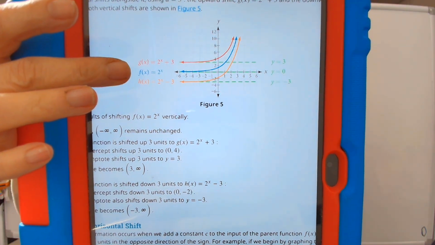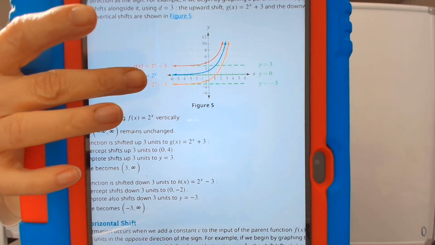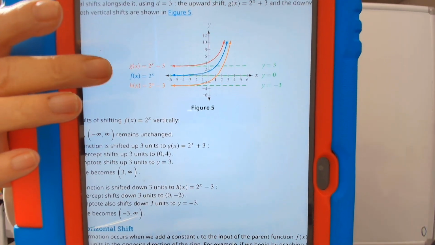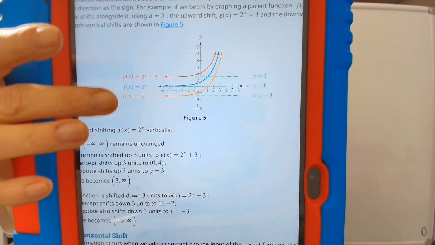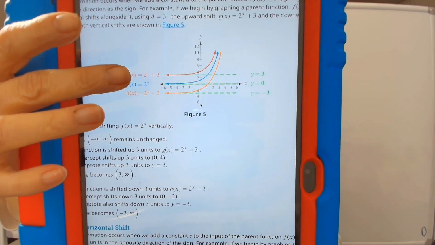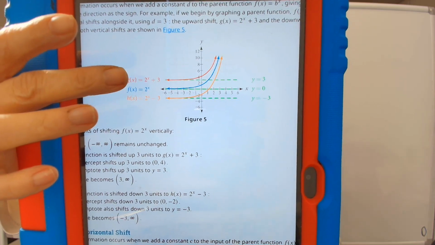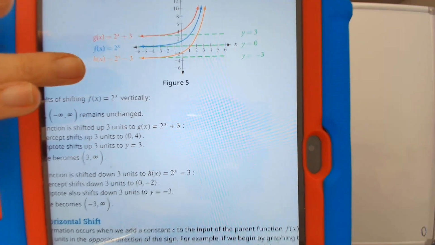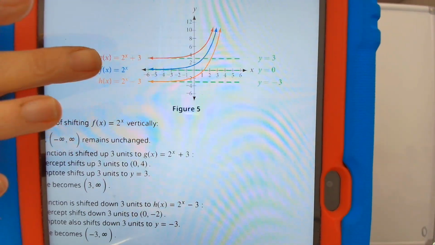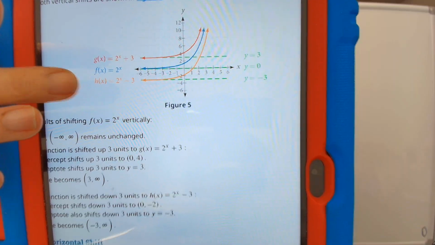You just type in y or something, or not even that. You can just type in 2^x, and you'll plot the graph. So anyway, once you type it in, you just copy and paste it into a new line, and then put a -3 there, so that the next graph is 2^x minus 3. And then the 2^x plus 3, which one's plus? Yeah, the top one's plus. When it's plus 3, it moves up, and with the -3, it moves down.